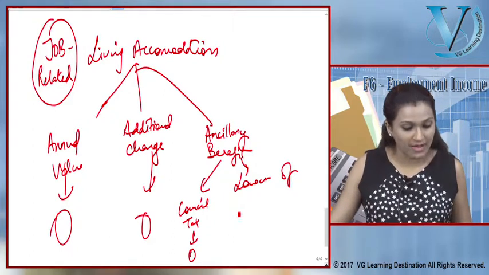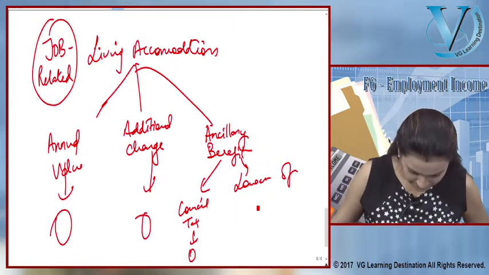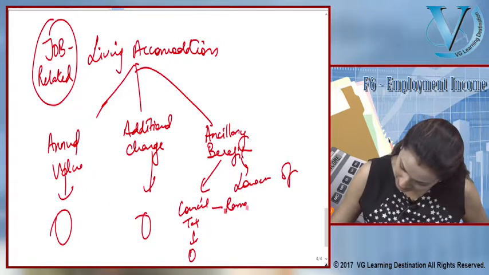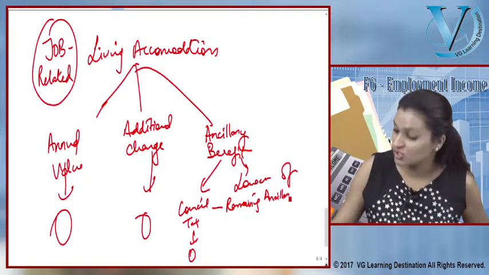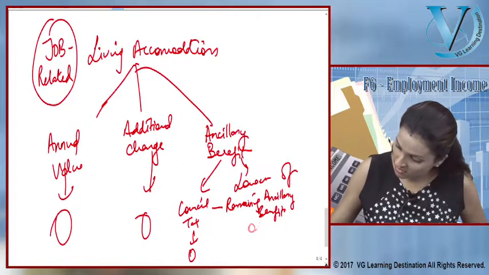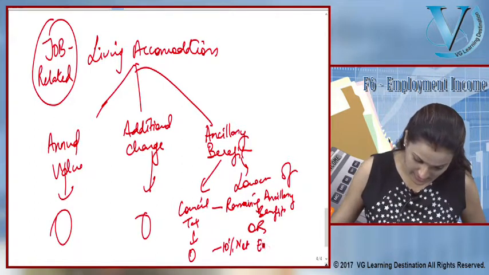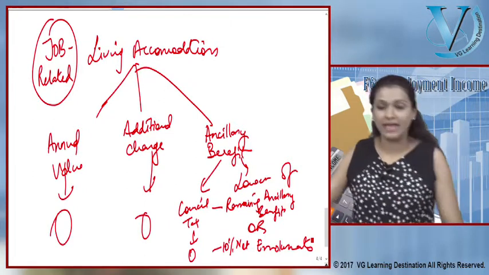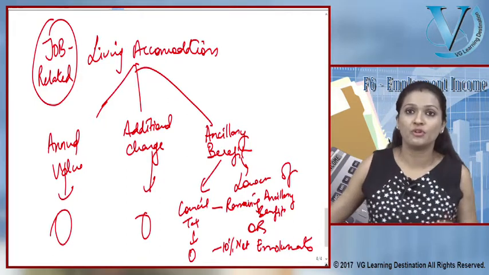They are going to pay the lower of the remaining ancillary benefits, which basically means excluding the council tax, or 10% of the net emoluments paid by the employer, enjoyed by the employee, is what you're going to take.